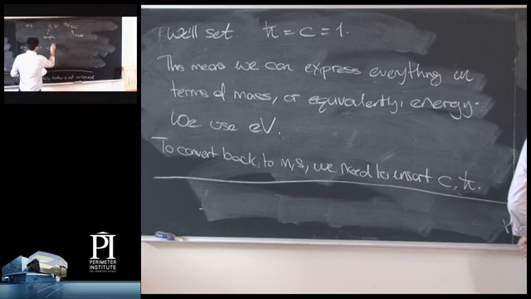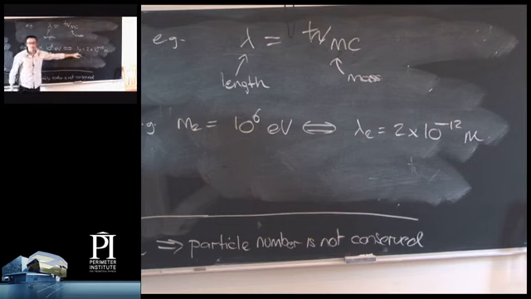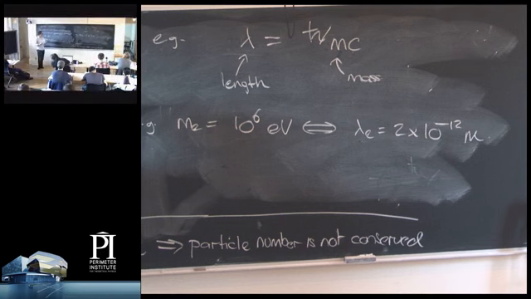So for example, if you look at the mass of the electron, using this relationship here, this converts to a length scale, which is 10 to the minus 12 meters.